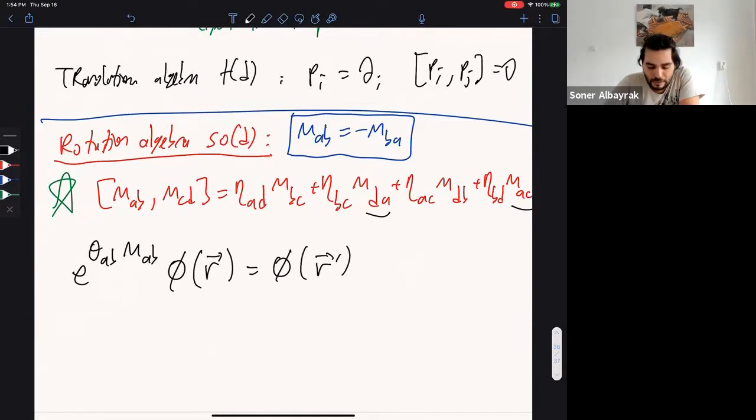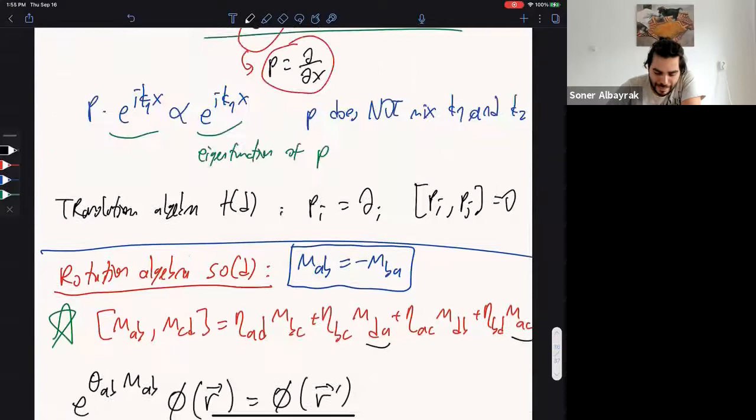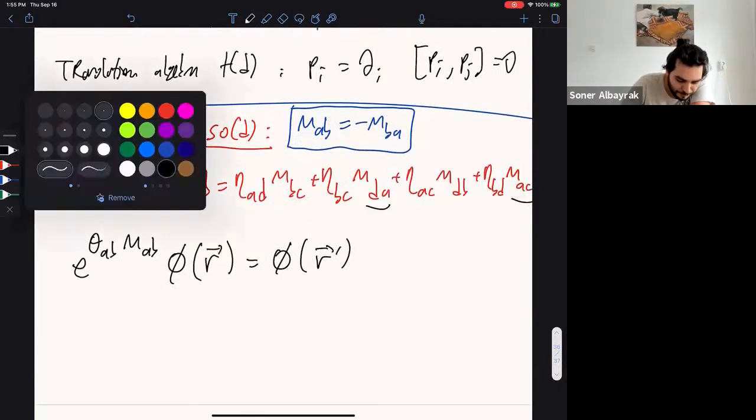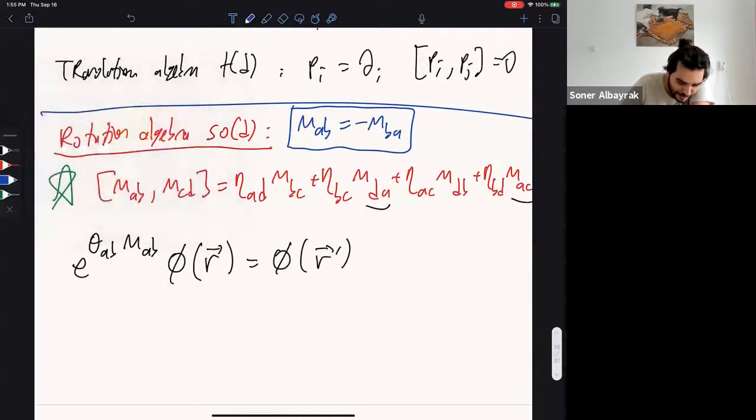Now, if you remember earlier, we did the Fourier transformation because e to the ikx was the eigenfunction of translation. So similarly, we would like to expand in eigenfunctions of rotation, right? So it would be nice if we switch to spherical coordinates, right?